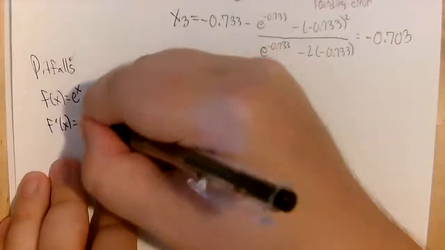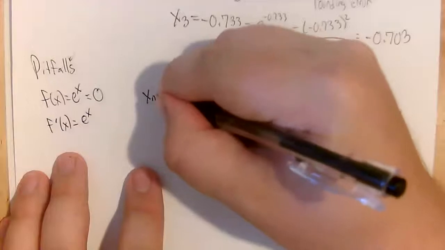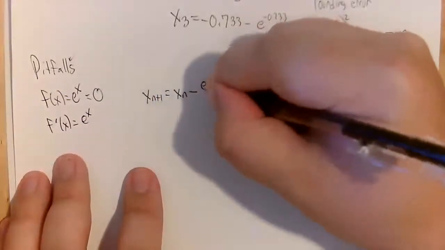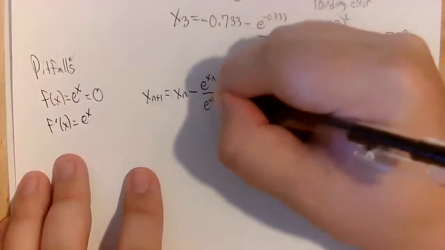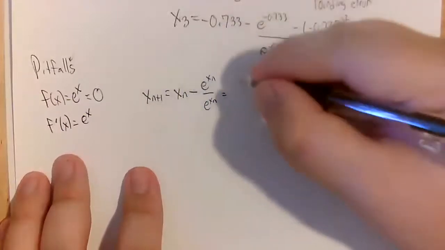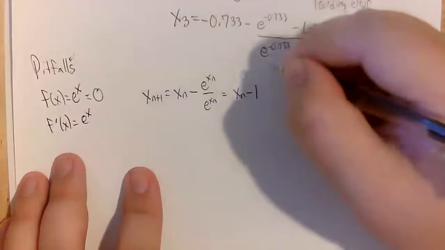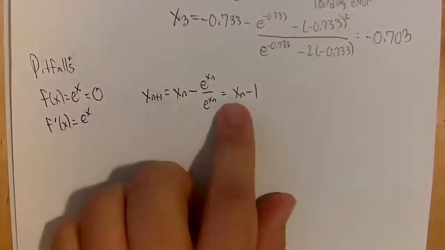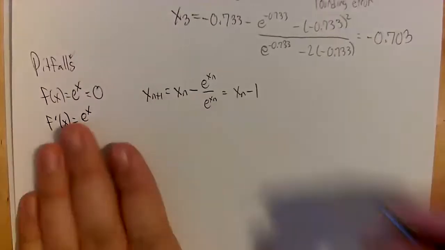So we have f prime of x will be e to the x, because it's e to the x. So this means that x sub n plus 1 will be x sub n minus e to the xn over e to the xn. So it'll just be xn minus 1. What this is saying is our next guess for the root will be 1 less than our previous guess.